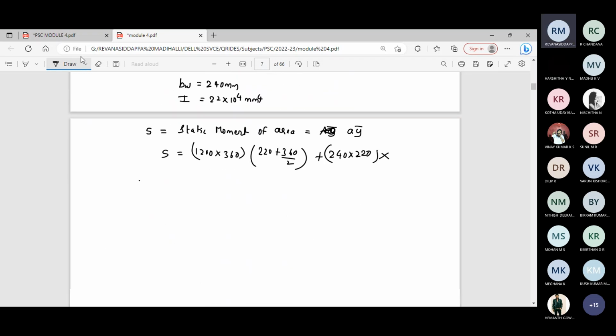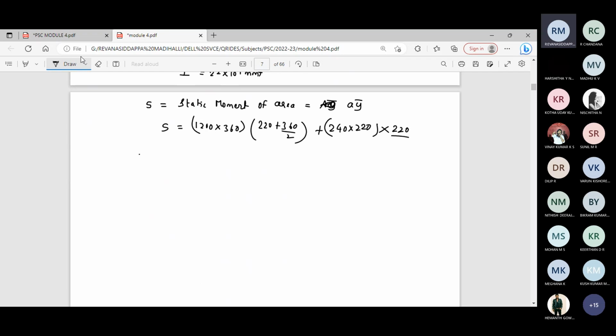By this, you will get the static moment of the area. Cross check the answer. It is 178.61 into 10 power 6 mm cube.